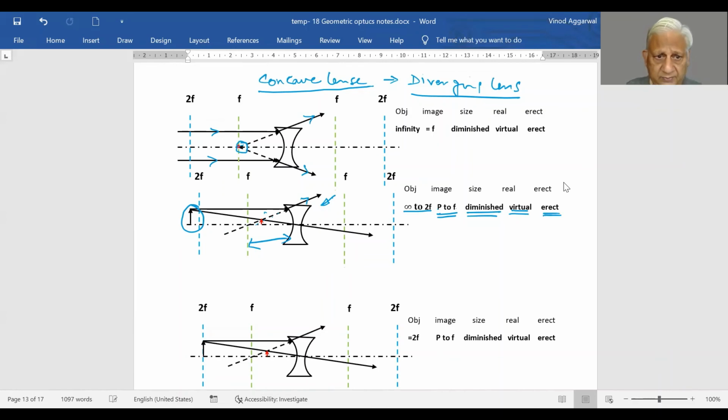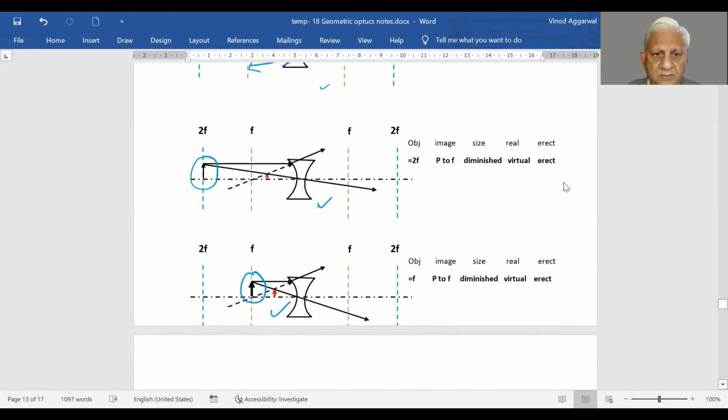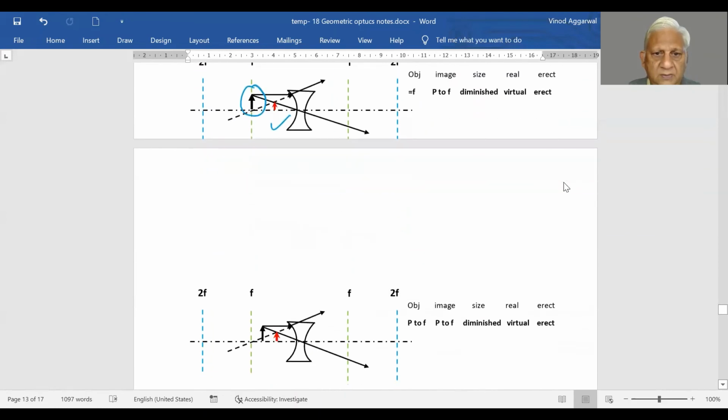It will be erect. So these cases are very similar to each other. This is when our object is at 2f, or in this case our object is at f, or in this case our object is between pole and focus.